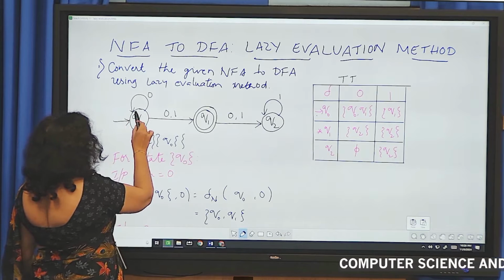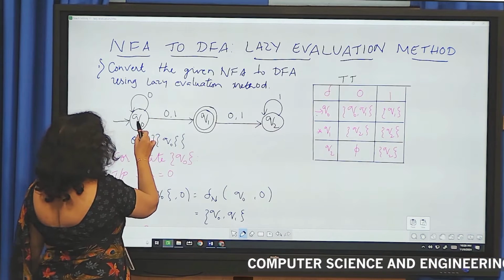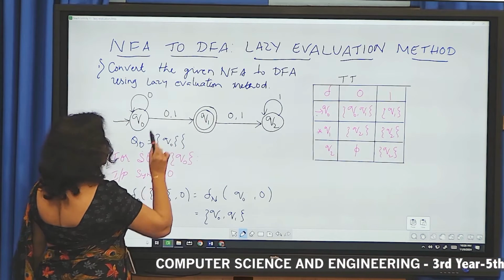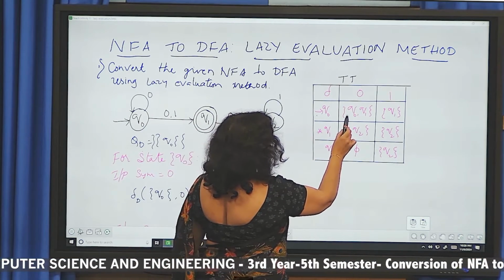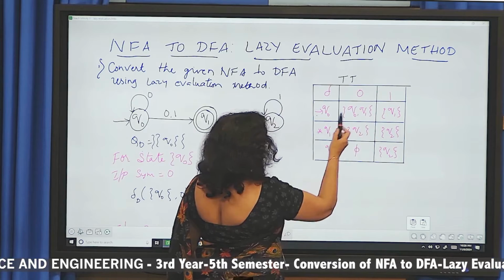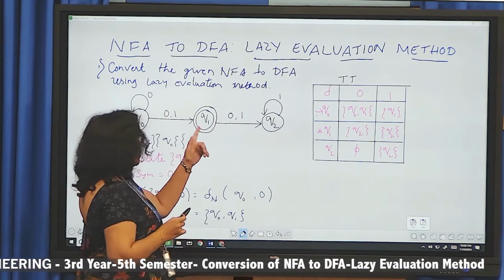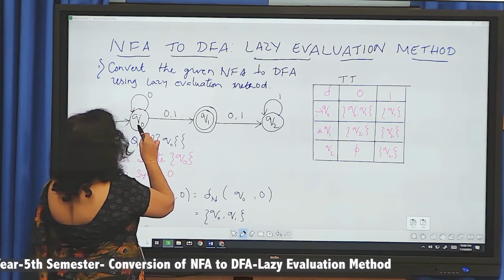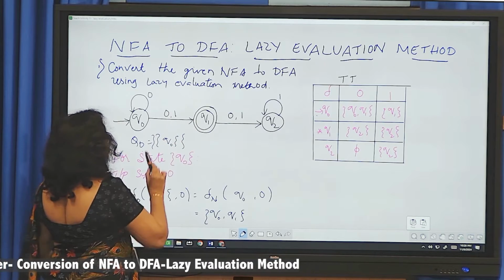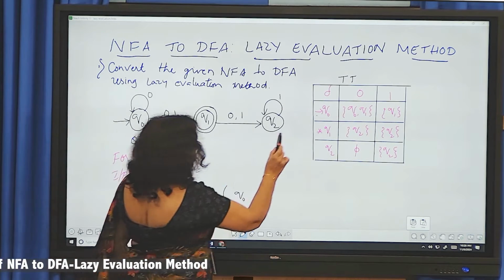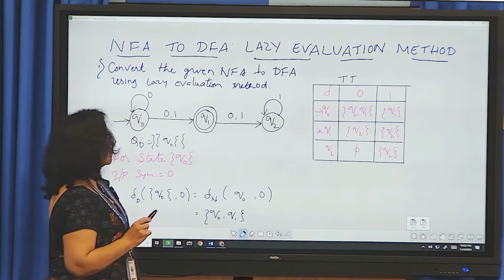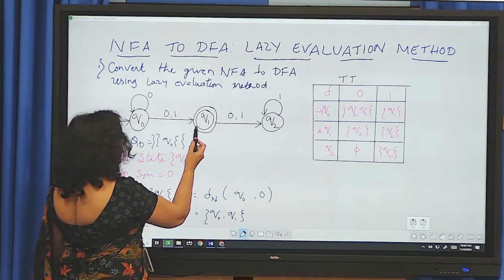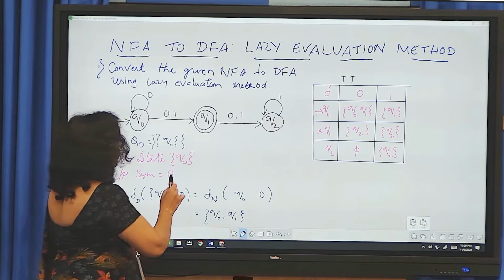Q0 on 0 goes to Q0 and Q1, because it is going to two states. Now Q0 on 1 goes to Q1. Now let us consider this state Q1.